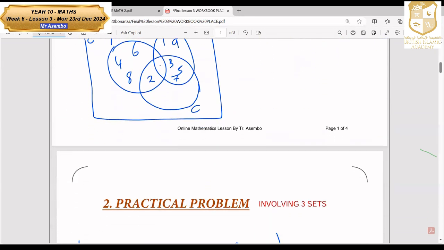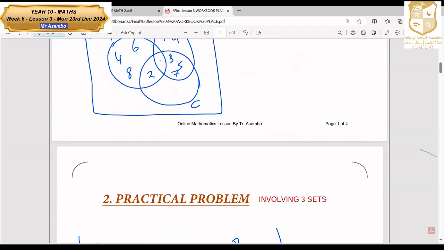Okay. Now, I want you to write this heading: practical problems involving 3 sets.